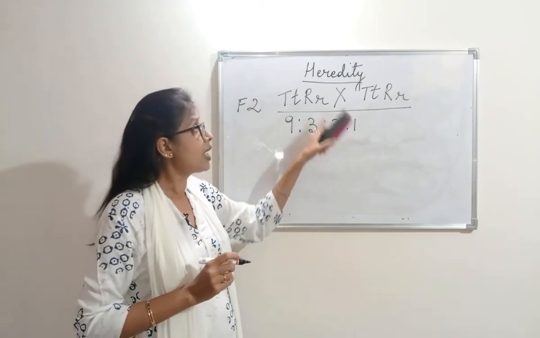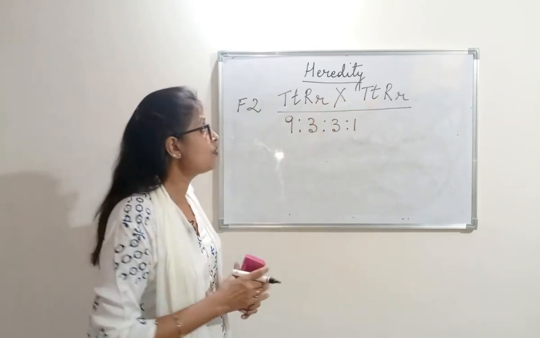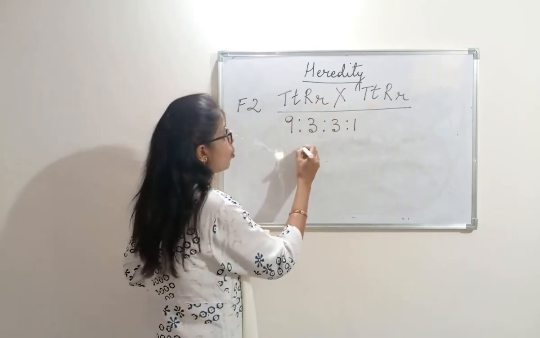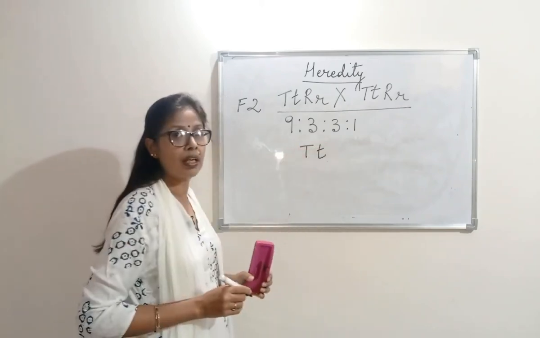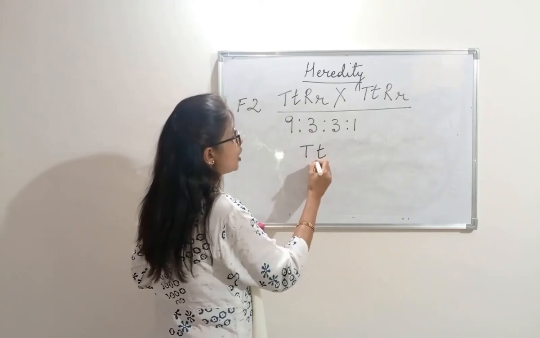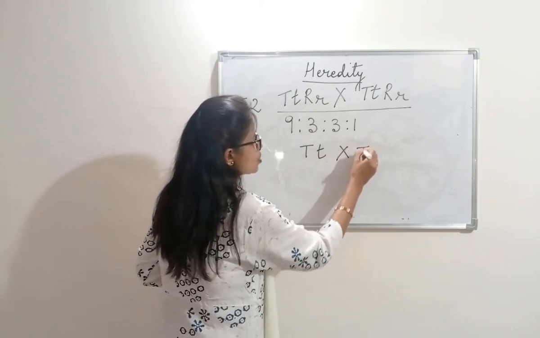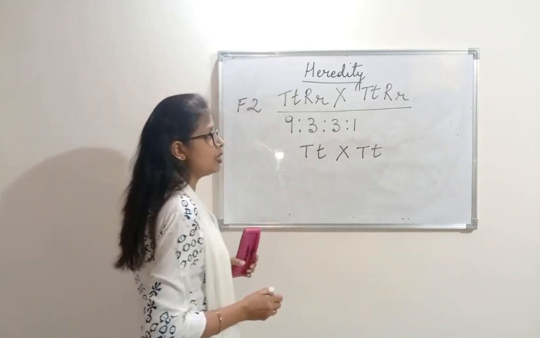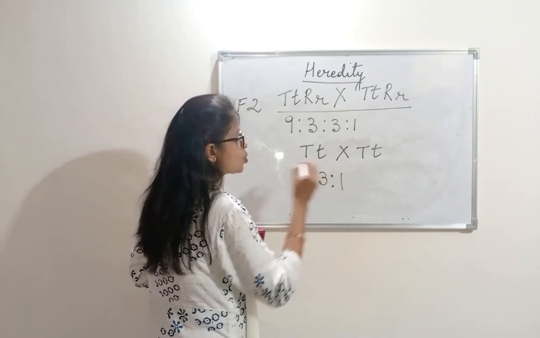This was in dihybrid cross because we took up two characters. When we took the monohybrid cross, where in the F1 generation we got capital T small t, which was crossed with capital T small t, we got the ratio as 3 is to 1.